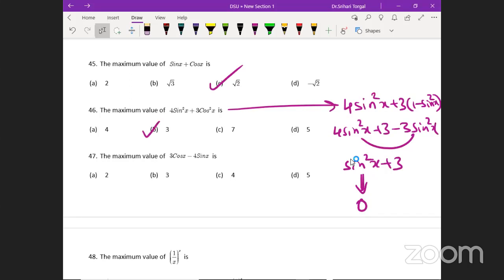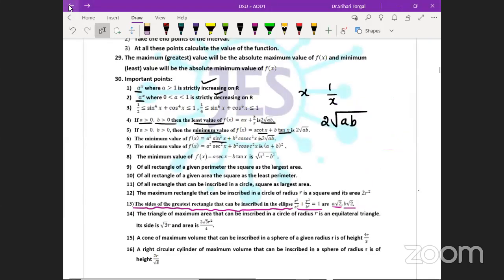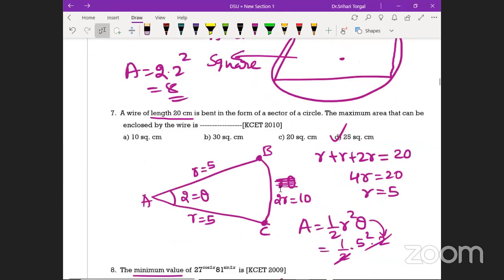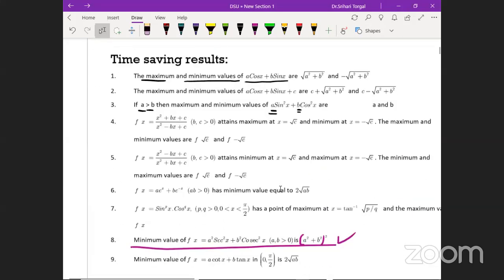Now I'll tell you how to answer this. I think it was there here. Here it is there. In time saving results.